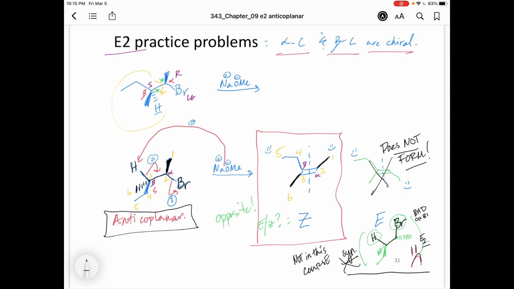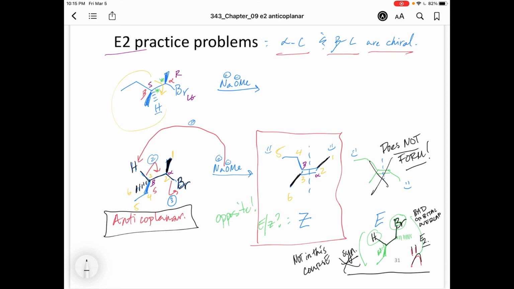So just know that in good old organic chemistry fashion, things that we try to make rules about, nature's like, haha, there's actually ways around this. And with really forcing conditions, you can actually do an elimination here, syn, but we won't be doing it in this class. So no funny business with this.